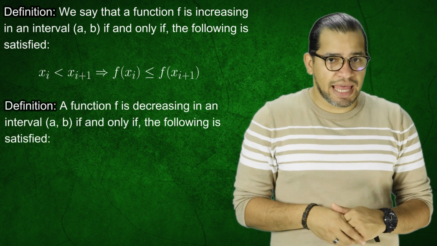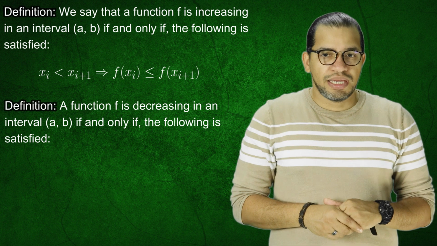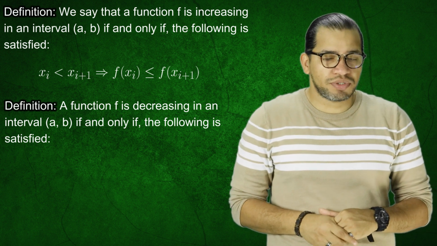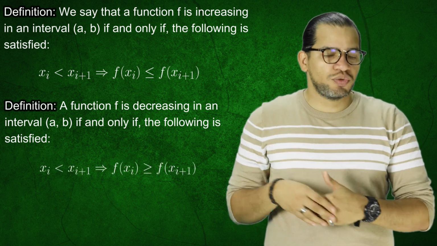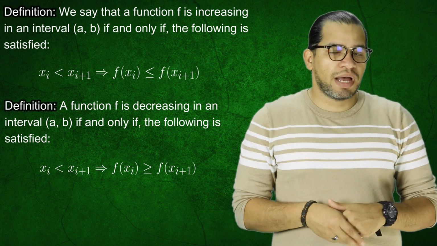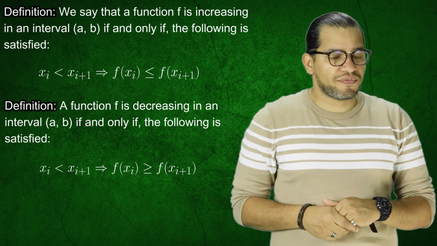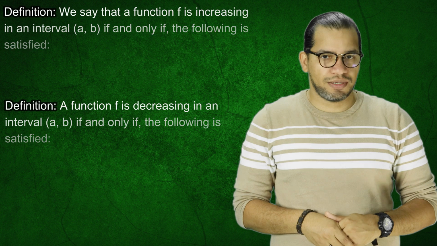Analogously, we say that f is decreasing in an interval (a, b) if, given two arbitrary numbers x_i and x_(i+1), then f(x_(i+1)) is less than or equal to f(x_i).